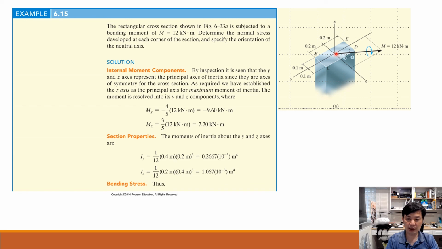After that, we apply a bending moment m along the angle of 3, 4, 5, these special right angles. With this moment we try to see the normal stress developed at each corner, B, C, D, E, and also the orientation of alpha, the orientation of NA, the neutral axis.